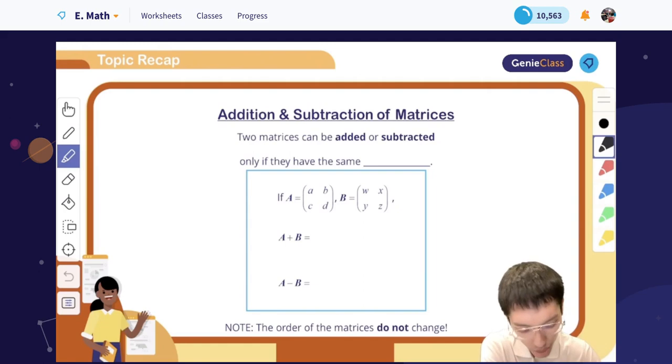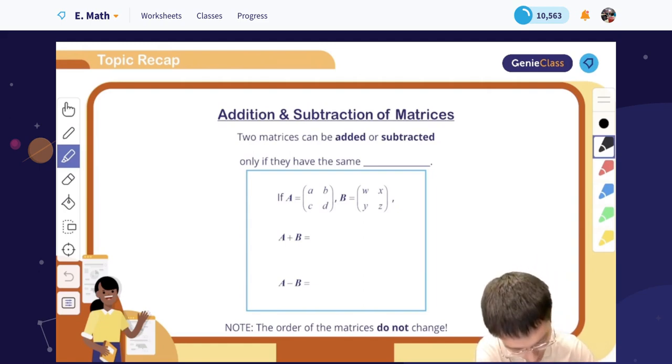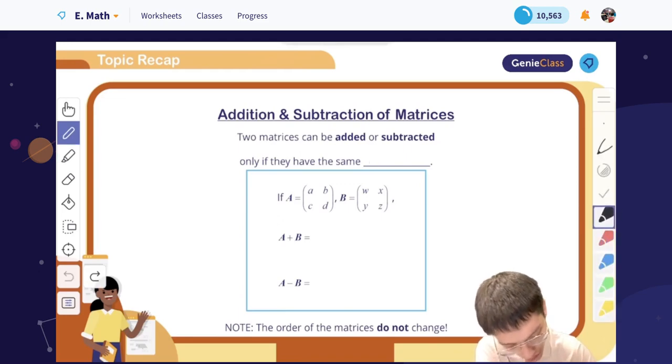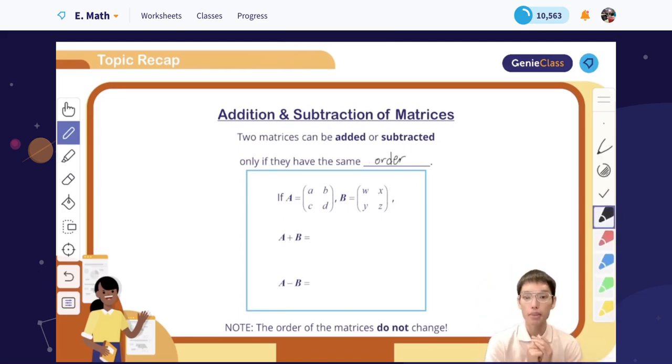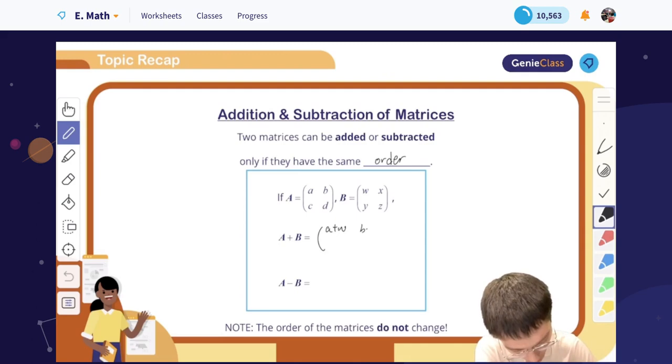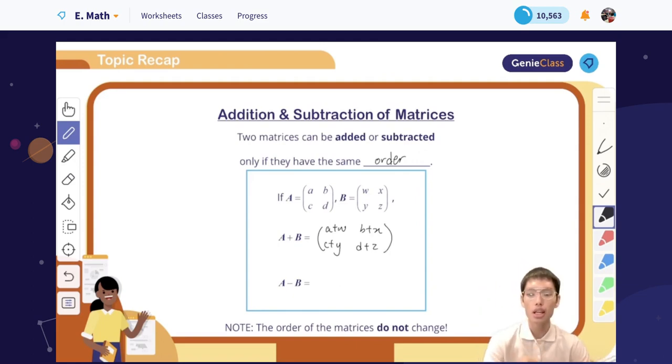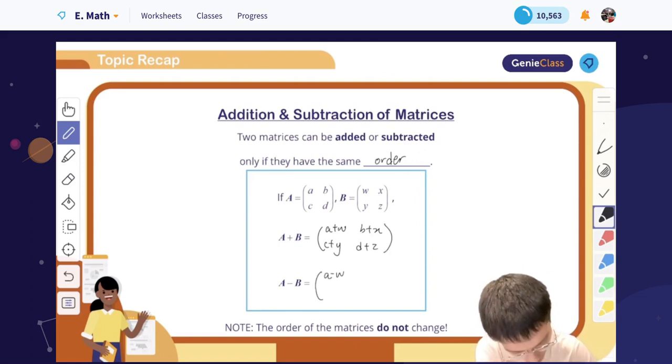Yes, okay. So two matrices, take note, if I want to add or subtract them, they have to be in the same order. Okay, same order, same size. So therefore, if A and B are as such, I can add them accordingly as A plus W, B plus X, C plus Y, D plus Z. Or in this case, for subtraction, it's going to be subtracting each of the elements.